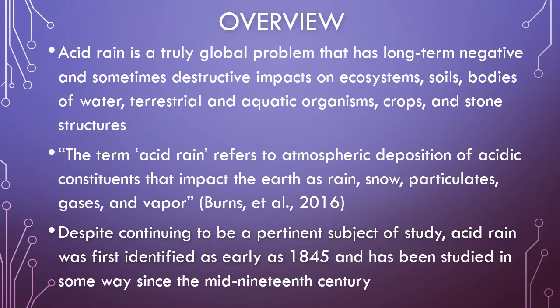Sometimes acid rain is used as a general term to refer to both dry and wet acidic deposition. Wet acidic deposition refers to acidic particles that are deposited on the earth in the form of rain, snow, gases, or sometimes vapor.